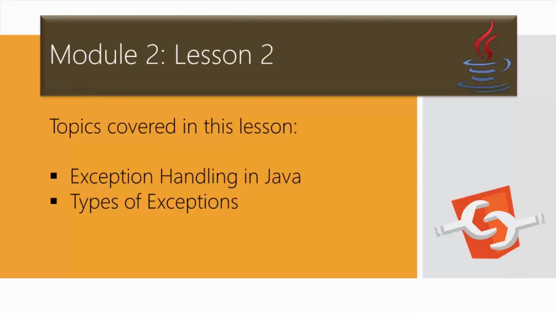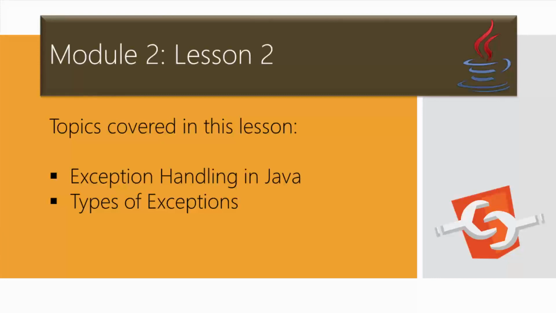It is also important to understand the difference between errors and exceptions. As mentioned earlier, exceptions are conditions within our code that you, as a developer, can handle and take necessary corrective actions for. An example would be divide by zero exception, null pointer exception, arithmetic exception, and so on.